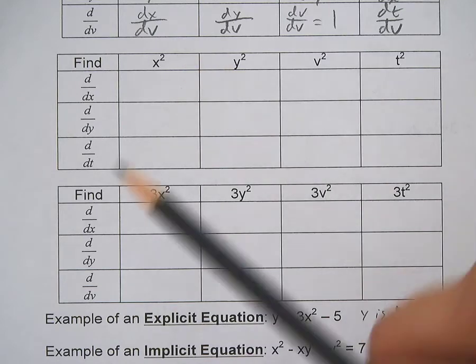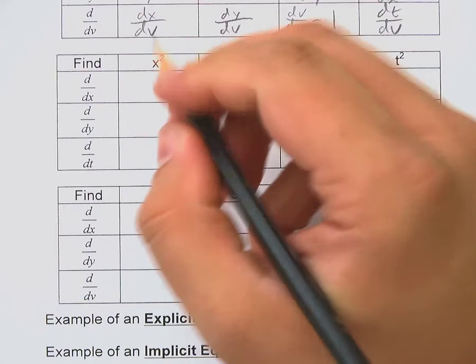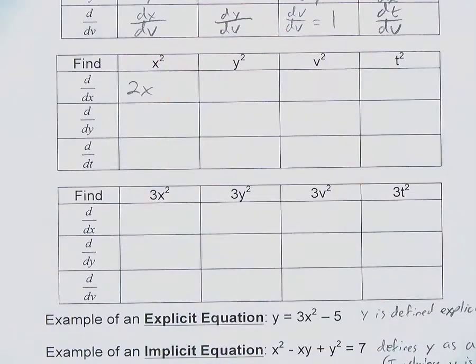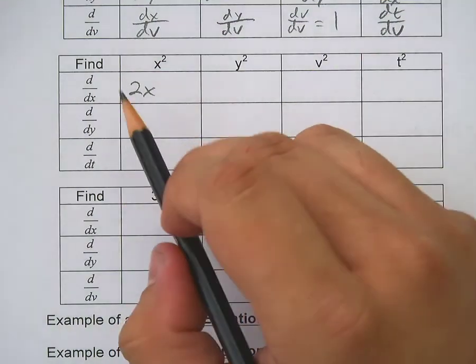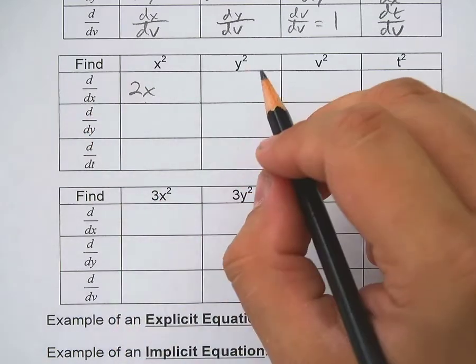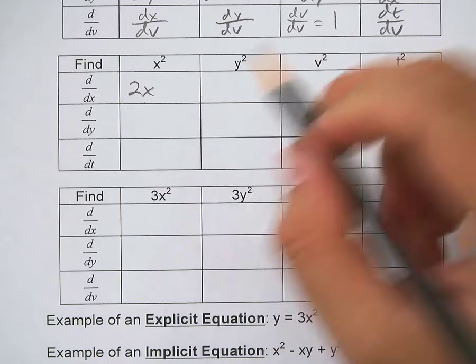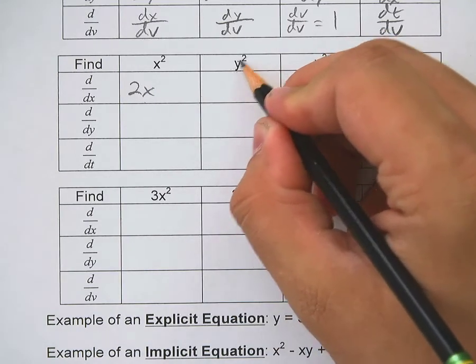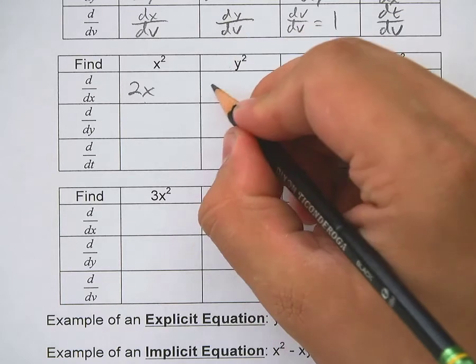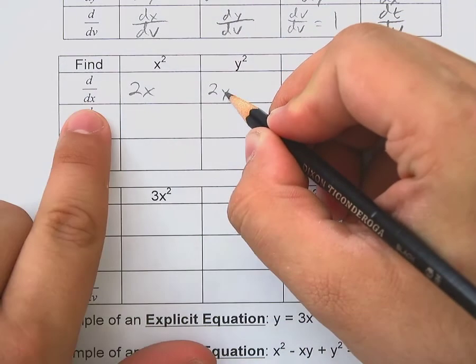First off, x squared. Well, the derivative of x squared is going to be 2x, right? Because you're taking it with respect to x. If I take the derivative of y squared with respect to x, my regular derivative rules still apply, so this is going to be 2y. But now I'm taking the derivative and these variables don't match.